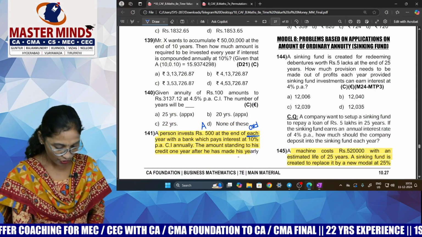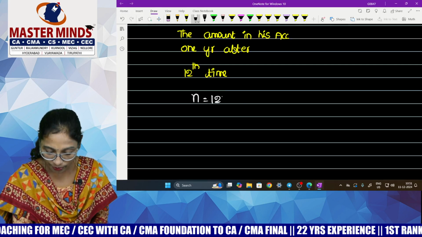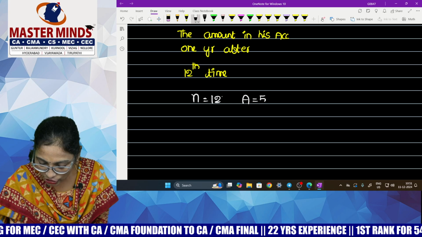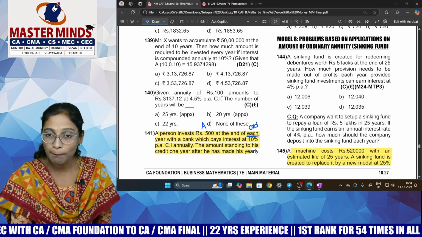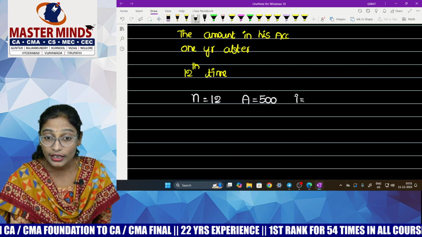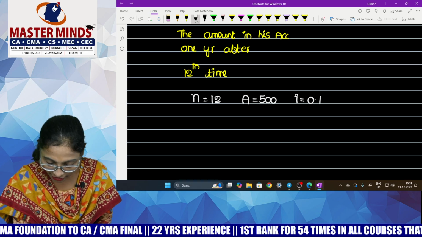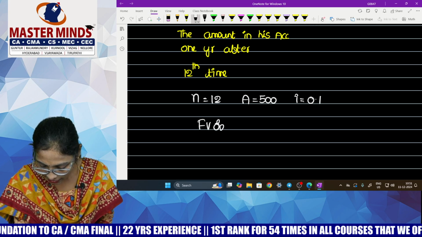What is the A value? Every time he is investing 500. At the end of each year, so it is compounded annually. At what rate of interest? 10%. So, let me calculate the future value of ordinary annuity.